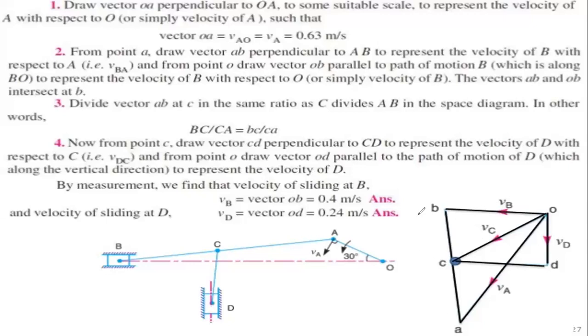And next we are going to find the velocity of B and velocity of D. We already know the velocity of A, so we need to find the velocity of B and velocity of D. By scaling measurement, we know the length of OA, that is the velocity of A. Taking that as the scale, we can calculate VB and VD. On measurement, VB comes to 0.4 meters per second and VD comes to 0.24 meters per second.